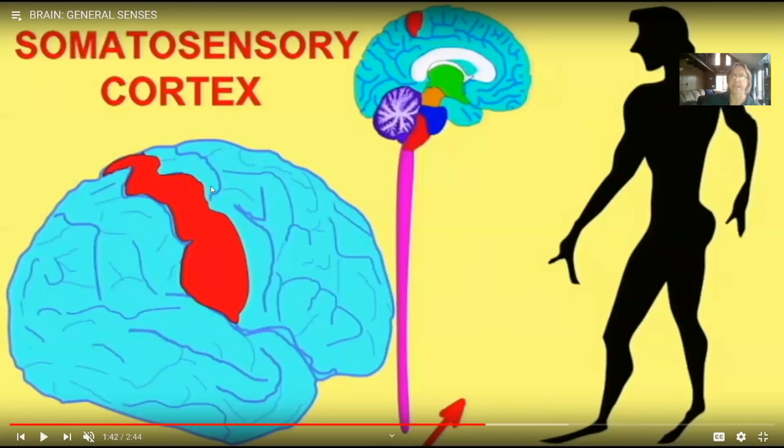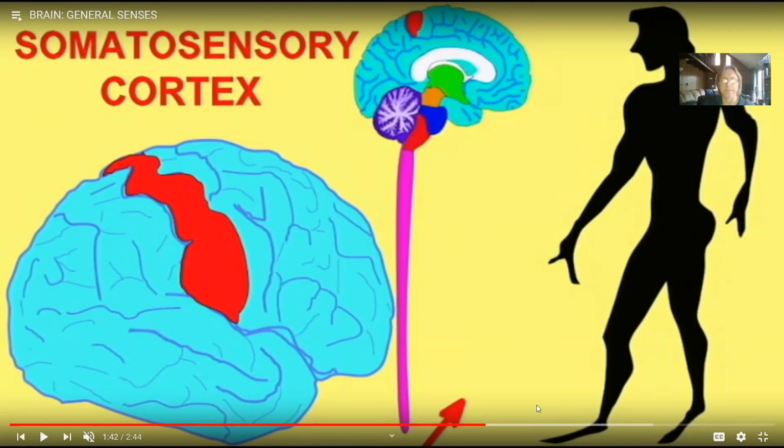That would be the precentral gyrus, and then another one posterior to it. The one that is posterior is the post-central gyrus. And this is what we can call the somatosensory cortex. There is a map of the body located here.